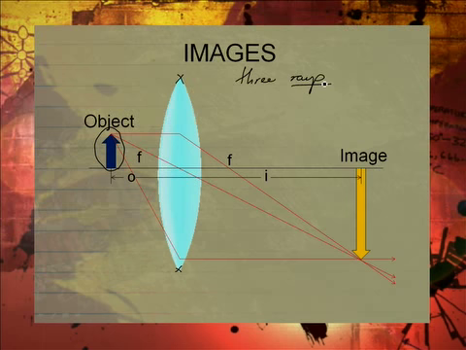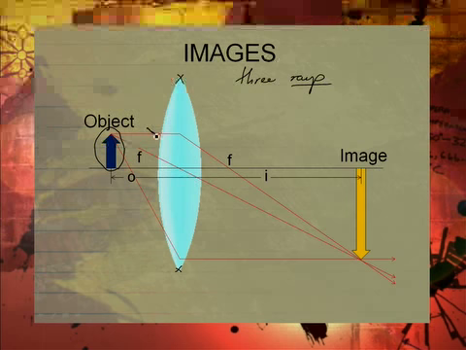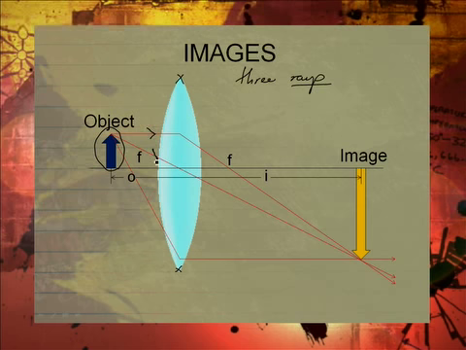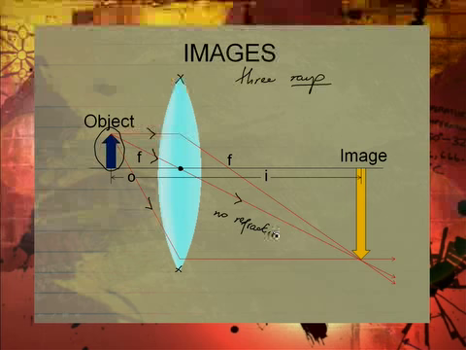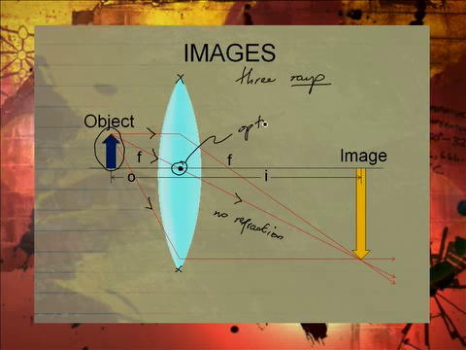Now let's have a look at it. This is one of the rays. This is one of them. That's the third one. And this middle one passes through the optical center, and therefore it experiences no refraction. In other words, it changes no direction, because it passed through the optical center. That is the optical center of the lens.